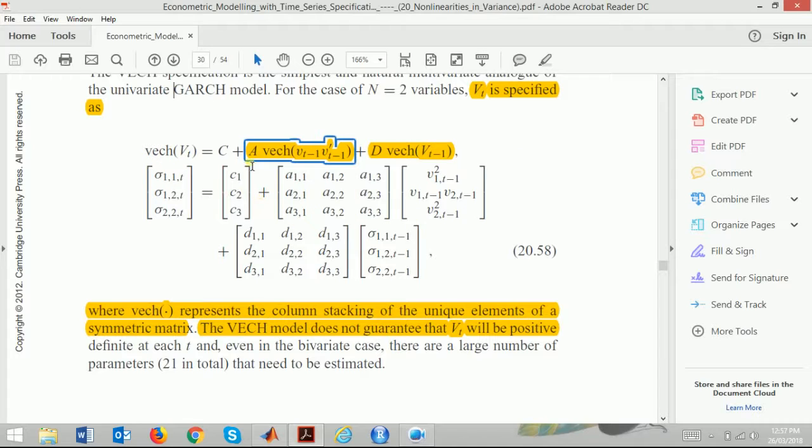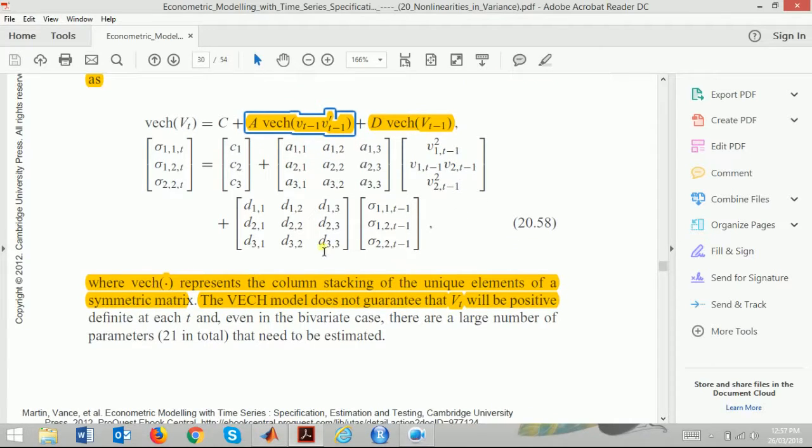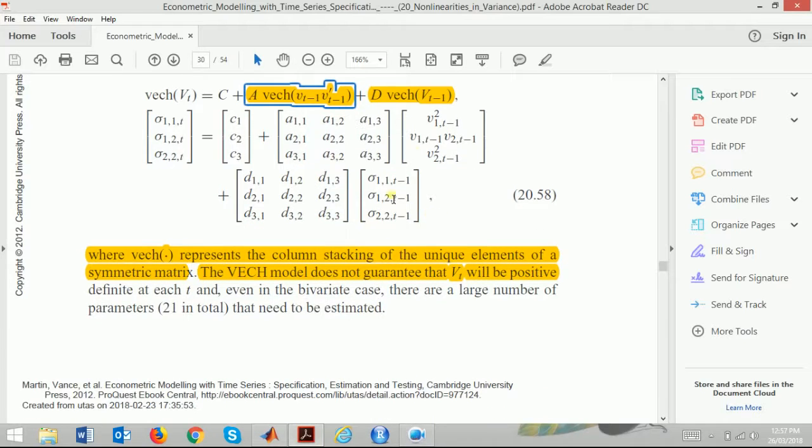Because there are three elements, our dimensions should match, so the constants match, and the coefficients are 3 by 3, giving us a square matrix. Then the vector simply squares the two residuals, the ARCH parameterization, and the GARCH parameterization, and this is the lag. So this is a simple representation of the model.